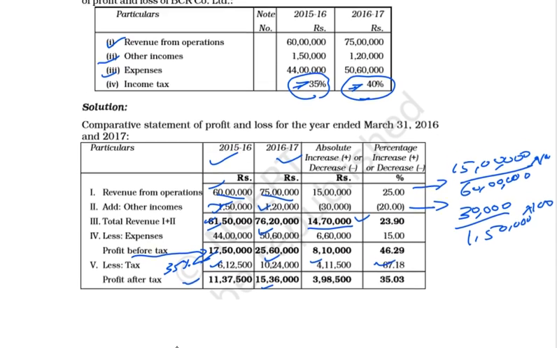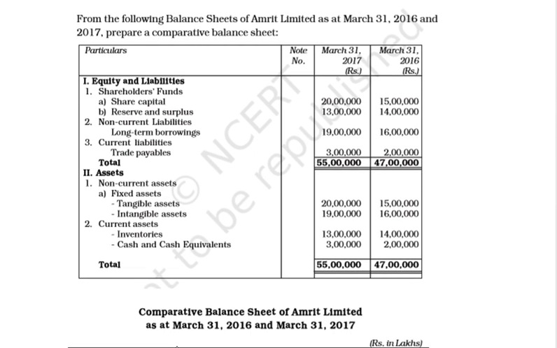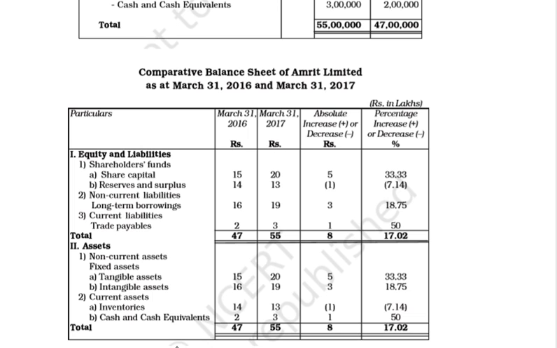The same way you have to do the balance sheet also. Here balance sheet, equities and liabilities is the format as per the question. Up to here we are converting, that is as it is now. Here it is given in lakhs, so that means no zeros, we avoided them for the calculation.